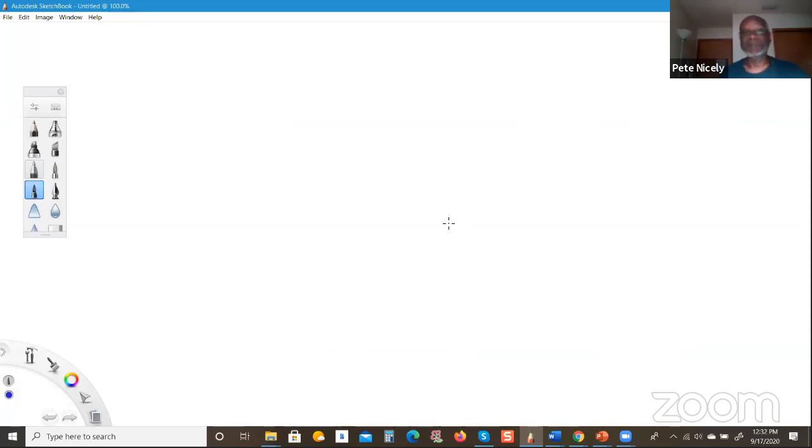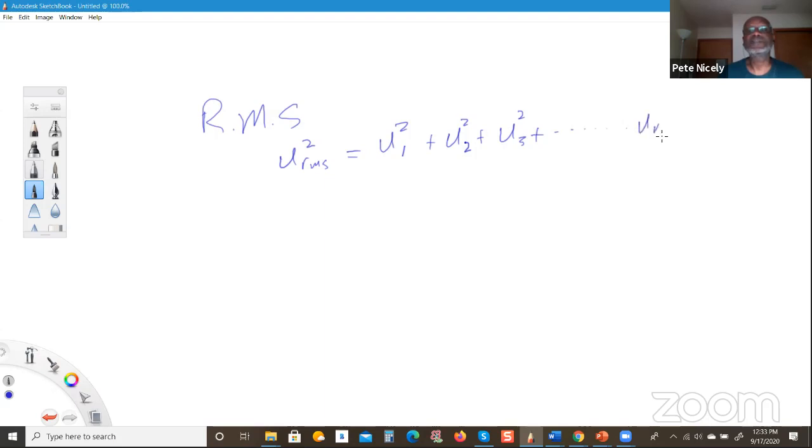So the root mean squared speed, which is symbolized using this symbol here, u_rms squared, is equal to the speed squared of molecule one, plus the square of the speed of molecule two, plus the square of the speed of molecule three, and so on until you get to the nth molecule.